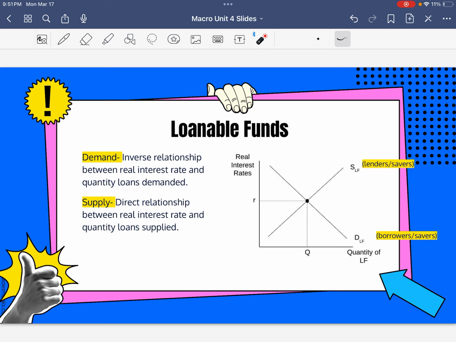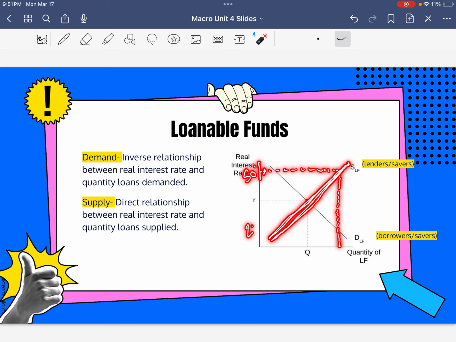Now let's just take a look at supply. The supply curve has a direct relationship, meaning not flip-flop. The higher the real interest rate, the more likely lenders are to loan out loanable funds, right? If there's an interest rate of 50%, they're going to be like, heck yeah, we'll supply funds for you to take a loan out for because they'd be making the big bucks.